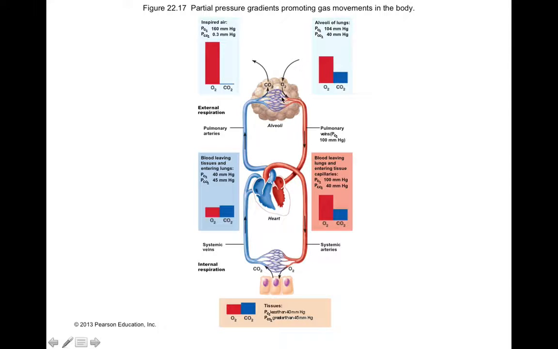Oxygen was absorbed, which lowered the concentration of oxygen in the air of your alveoli because it was absorbed in your bloodstream. Carbon dioxide levels are higher because carbon dioxide was expelled. CO2 moved out of blood into the alveoli here. So you see the concentration of carbon dioxide increased, close to 100-fold, which is pretty cool.